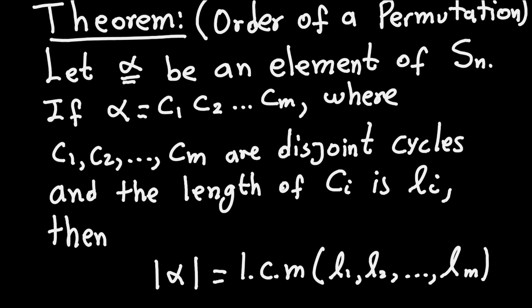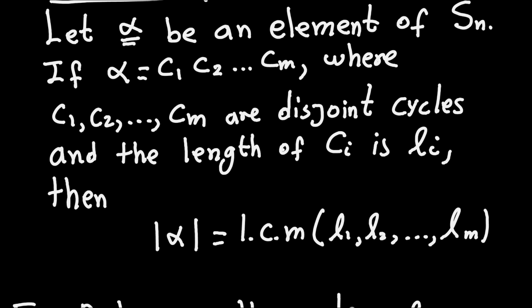As we saw in the previous video, you can always take a permutation and write it as a composition of disjoint cycles. So we have that type of permutation, and we also know that the length of every one of these cycles is L sub i.